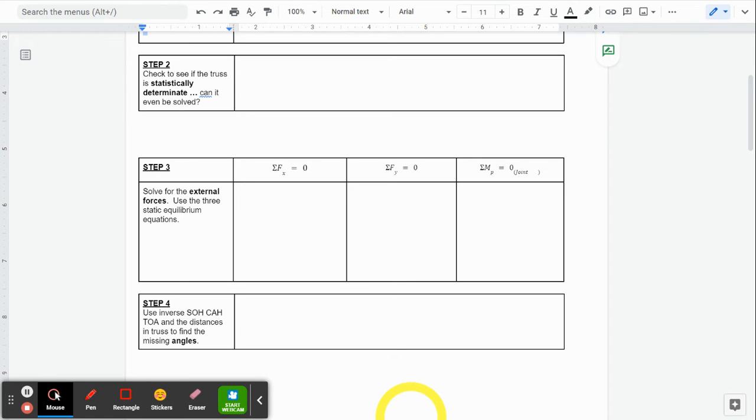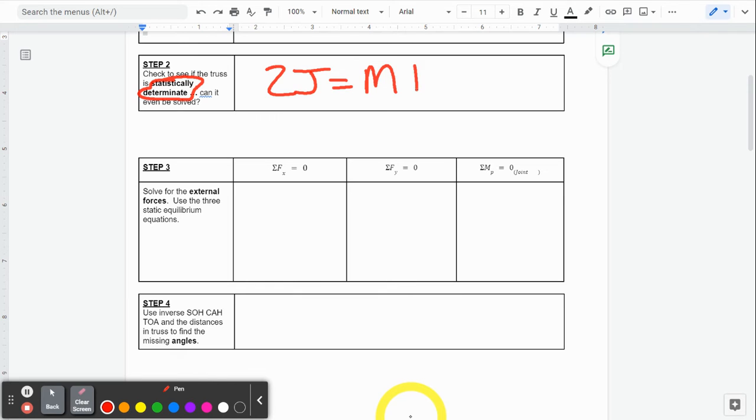So you may not remember this, but for a truss, a truss has an equation where you can check for static determination. That equation is just 2J equals M plus R. All right? So in this case, guys, J is going to be your number of joints.